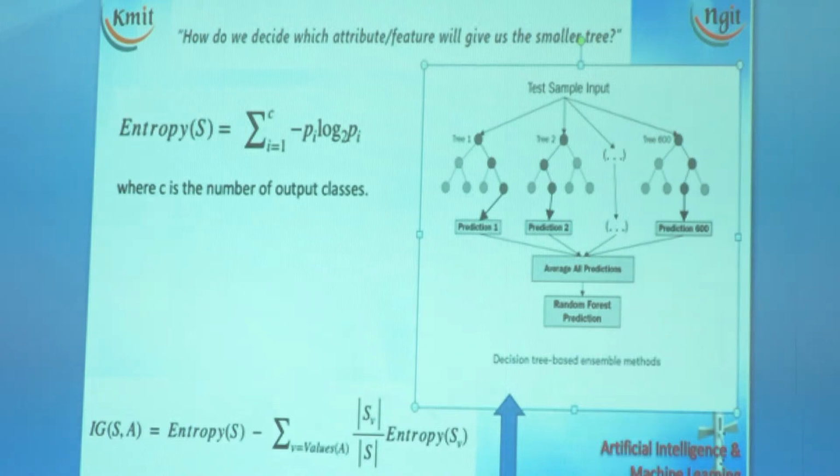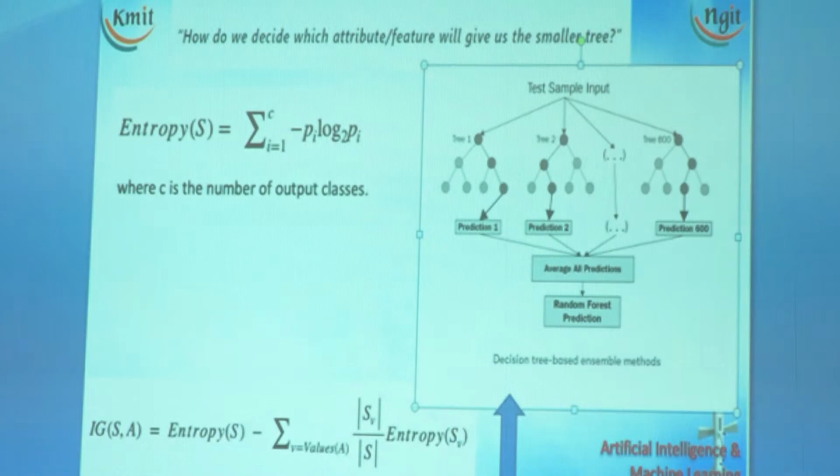Whoever gives the best output, sometimes we take the average of that, or else sometimes we take the best out of it. That is what we call the majority vote system. Finally, we give the majority vote and take the output. Can we run all the decision trees in parallel?